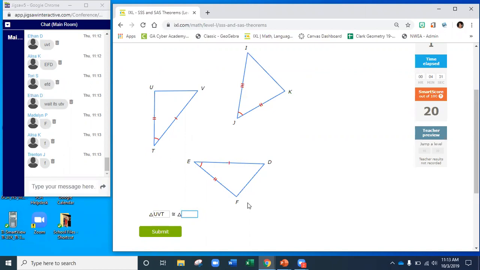So U corresponds with F. All right. And then V corresponds with which angle on our congruent triangle? D. All right. And T corresponds with E. All right. So do you see how the order of the letters in our first triangle dictate the order of our letters in our congruent triangle?